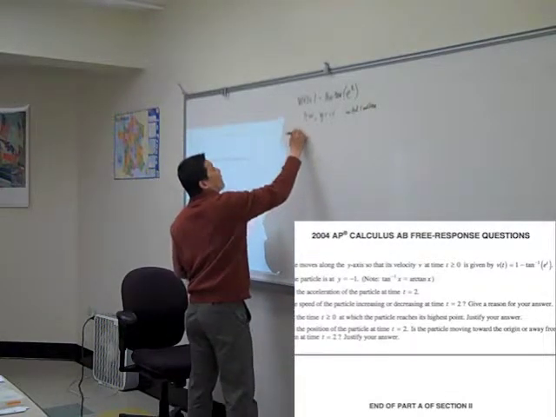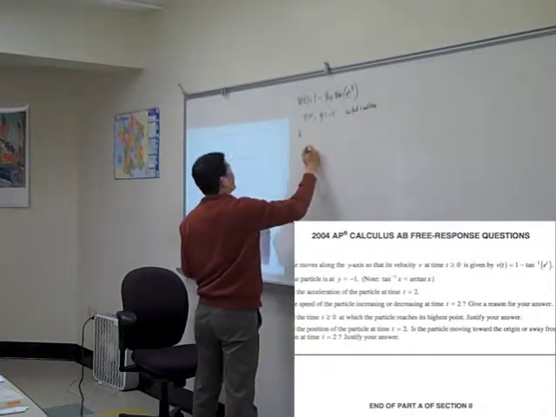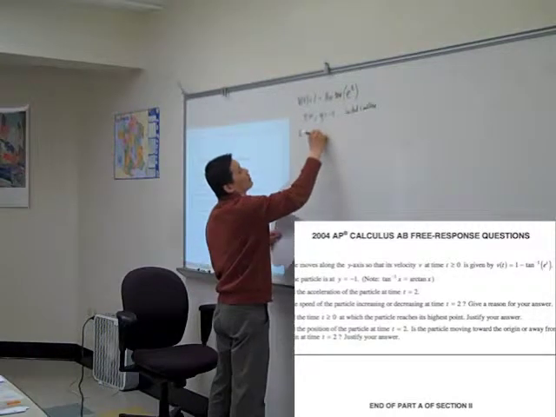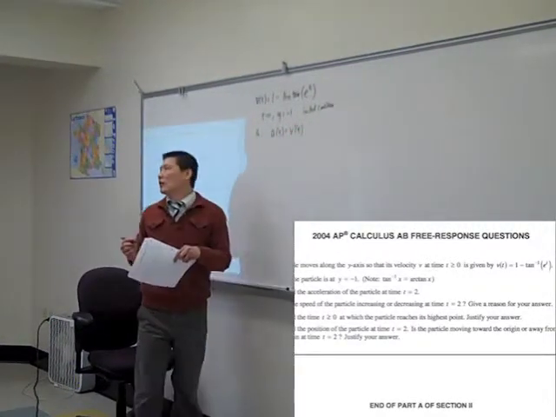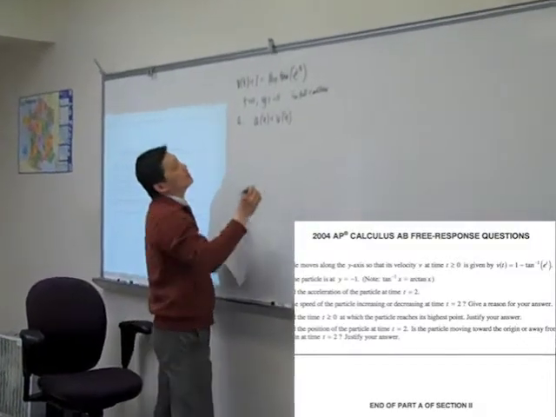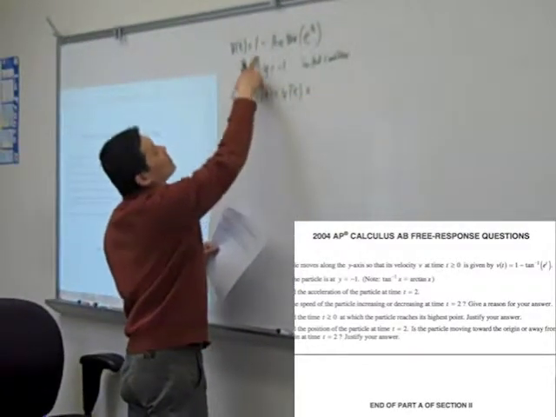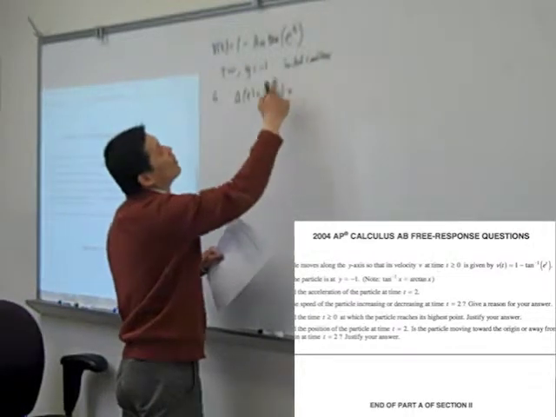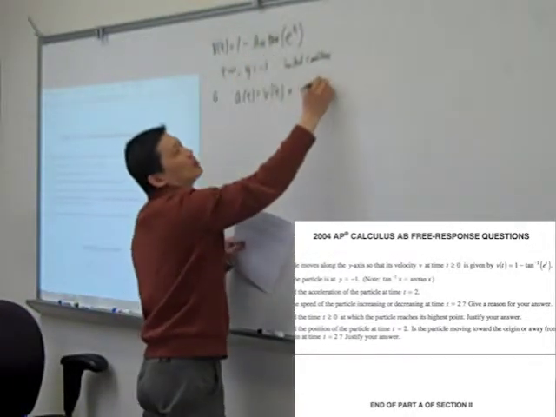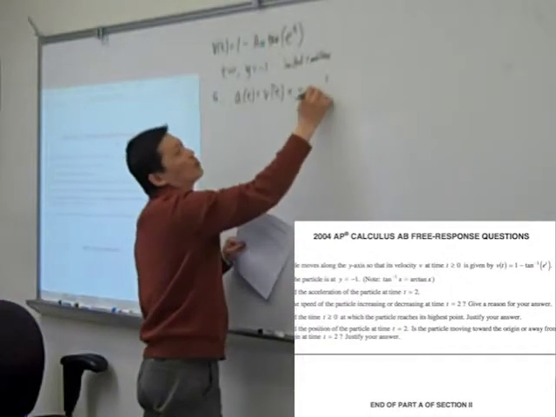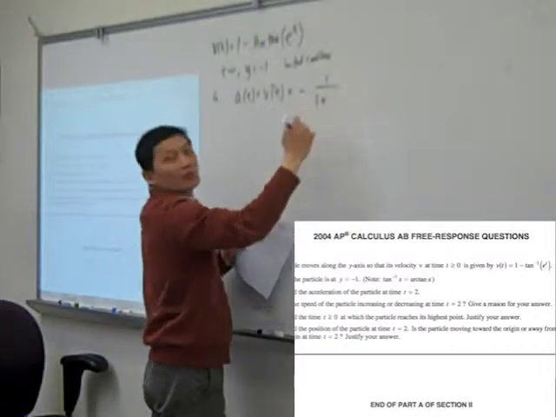Now, part A says to find the acceleration. We understand the acceleration, a of t, is just v prime of t, so we take the derivative of v. The derivative of 1 is 0, negative stays negative, and the derivative of arctangent of u is 1 over 1 plus u squared.